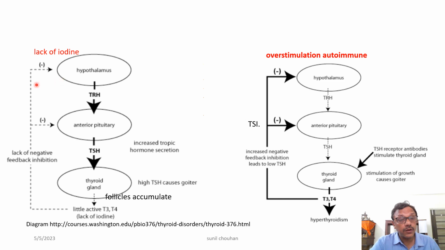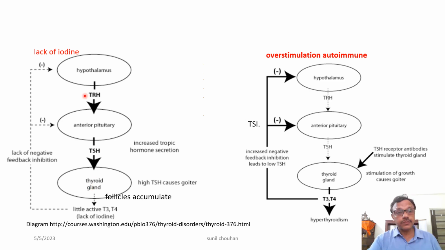So by negative feedback, the amount of T3, T4 will be increased. The less amount gives a signal to the hypothalamus to increase TRH, and TRH in return stimulates the anterior pituitary to increase the TSH, and again TSH will stimulate the thyroid gland to produce the T3 and T4.